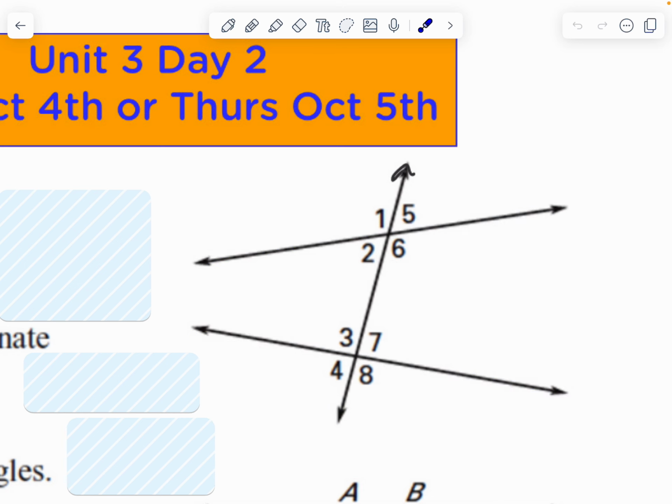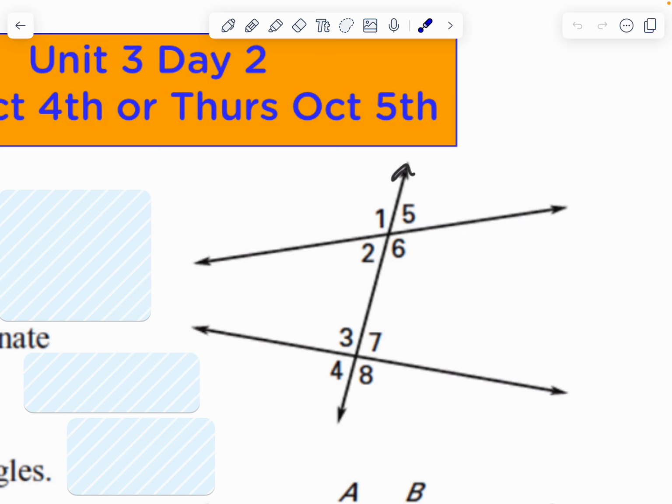We can also do the same with the bottom 4. We have the top left, top right, and bottom left. The angles that have corresponding position are our corresponding angles. So we have angle 1 and angle 3, both of the top left angles.